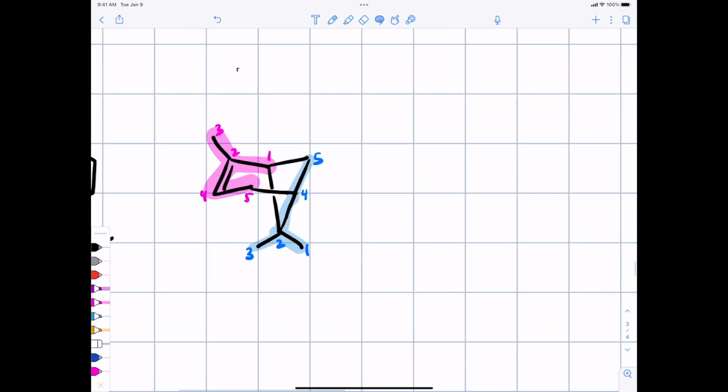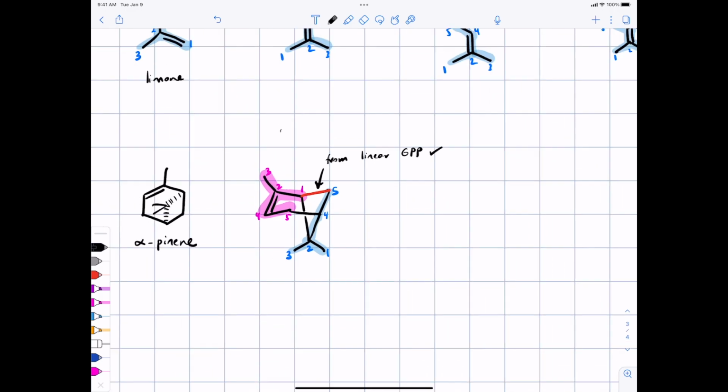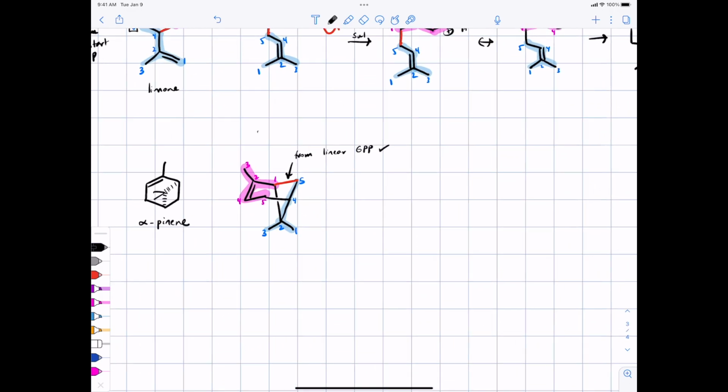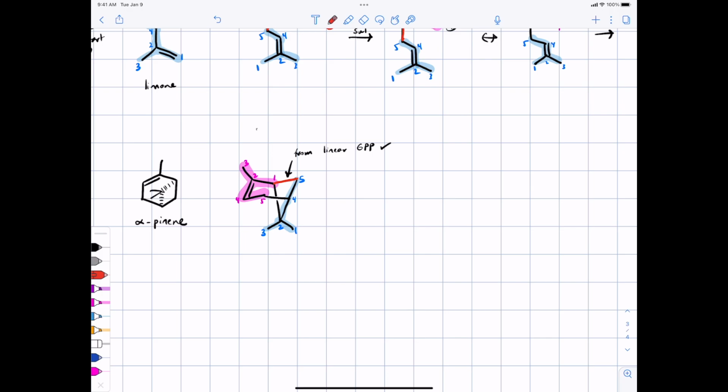All right, as we've identified these isoprene subunits, you've got a bond between 1 and 5. That's from the linear GPP precursor, so we don't have to do that. That one's already done for us. Notice in alpha-pinene we have a bond between 4 and 5.